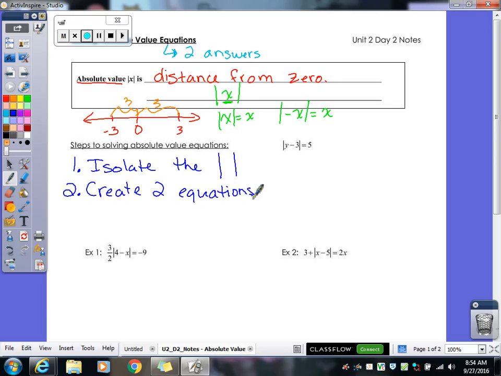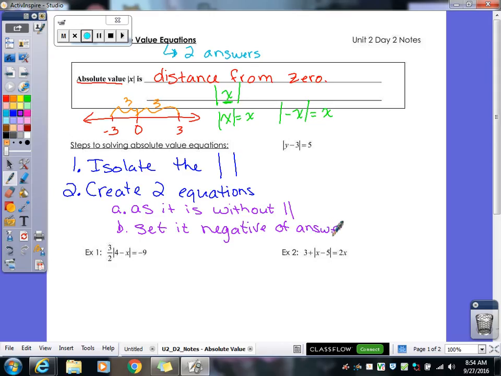One of your equations will be the equation as it is without the absolute value bars. And then the second equation, you're going to set it equal to the negative version of the answer. And then our third step would just be solve both equations and get your answers.